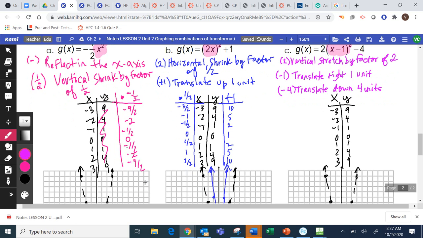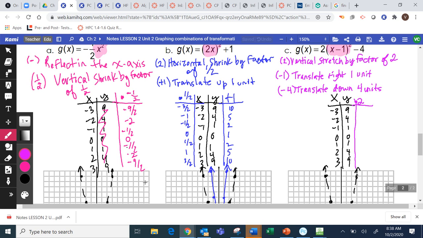All right, so now we're going to make our table, and anything vertical is going to go on the y side. We've got 2 things vertical. Oh no, which one comes first? It is always by order of operations. So I'm going to have to multiply by 2, and I'm going to have to subtract 4. Order of operations, what do I have to do first, Tessa? Multiply by 2. If you do it wrong, you will get the wrong picture.